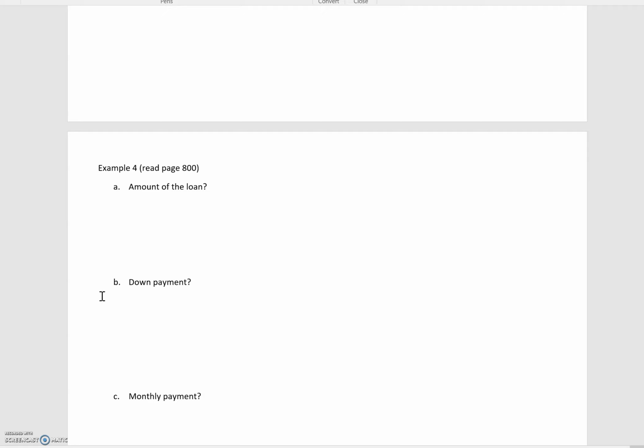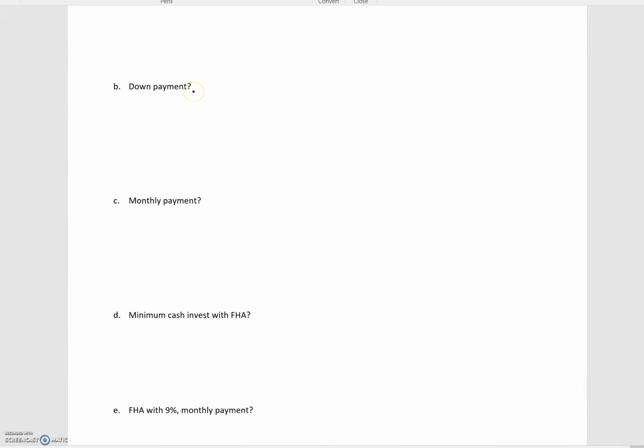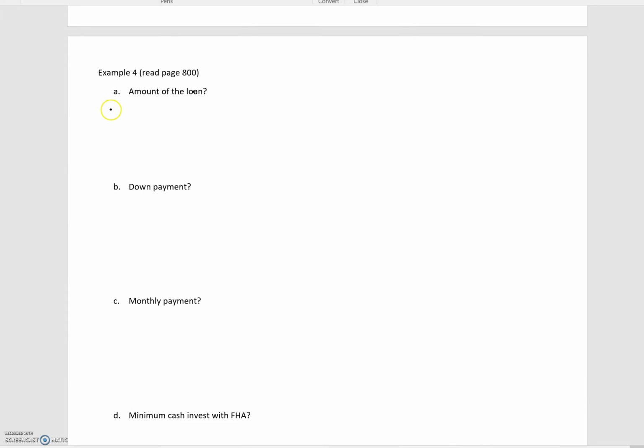The amount of the loan for this circumstance, if you're following along on page 800, is 95% of $100,000, which is going to be $95,000 for the amount of the loan.